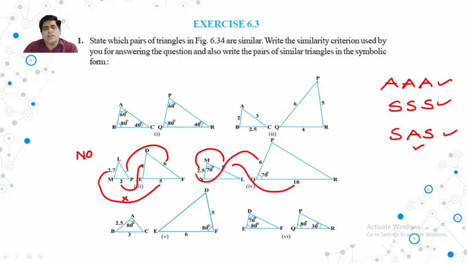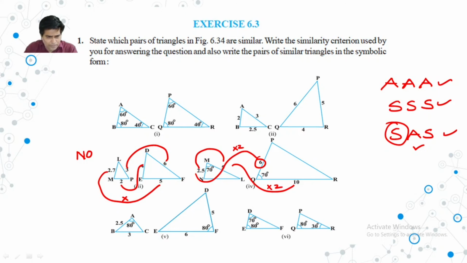One side is proportional: the 5 becomes 10 here, 2 times. What about this 2.5? 2.5 twice should be 2.5 into 2, which should be 5 here, but he has given 6 here. So none of the criteria is followed. It is not following the SAS criteria. So these two triangles are not similar. These are not similar triangles.